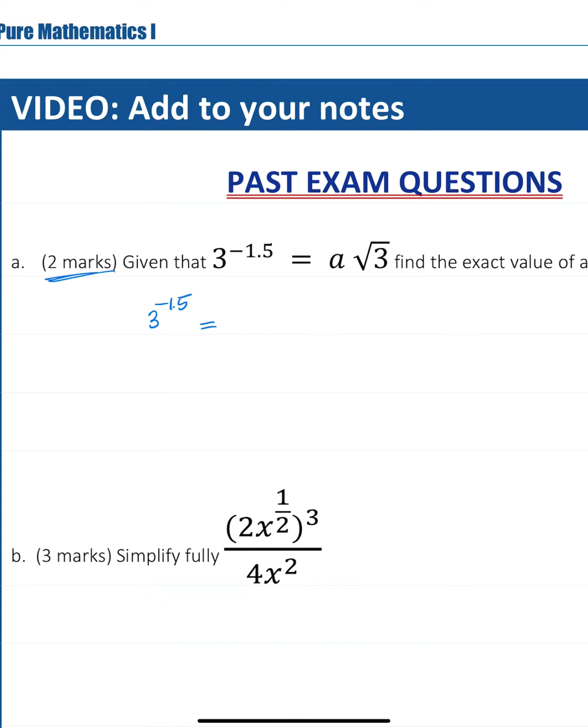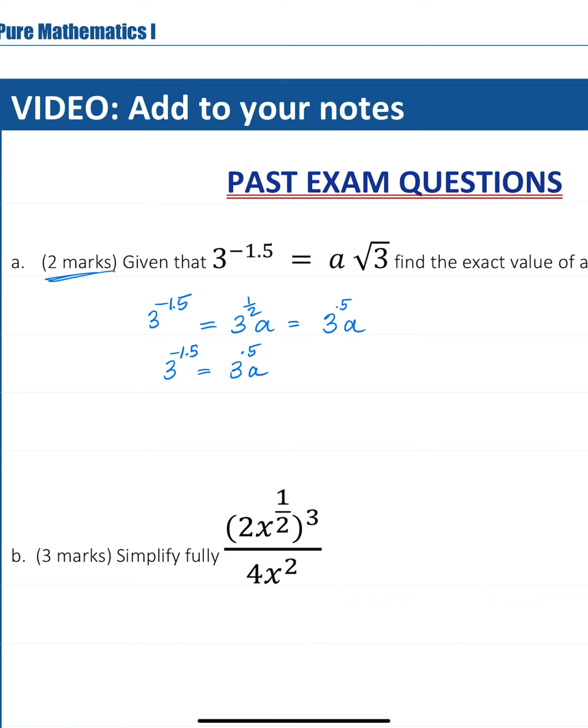So square root of 3 is 3 to the power half, and then I'm going to write this as 3 to the power 0.5 a, because there's a 1.5 right here, right? Okay, so let me rewrite this. 3 to the power negative 1.5 is equal to 3 to the 0.5 a.